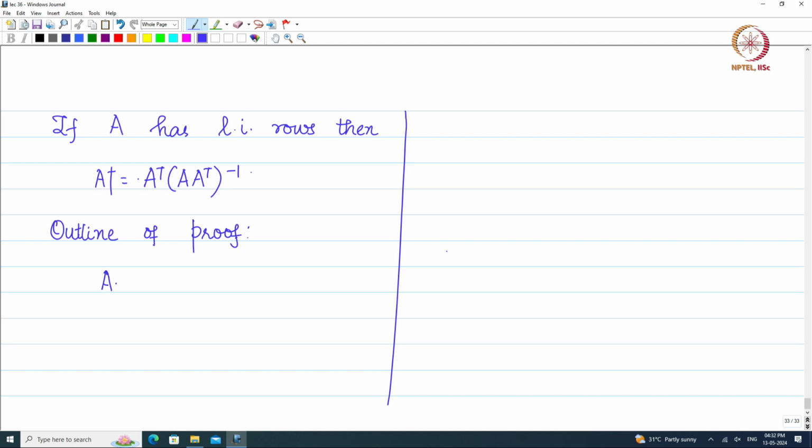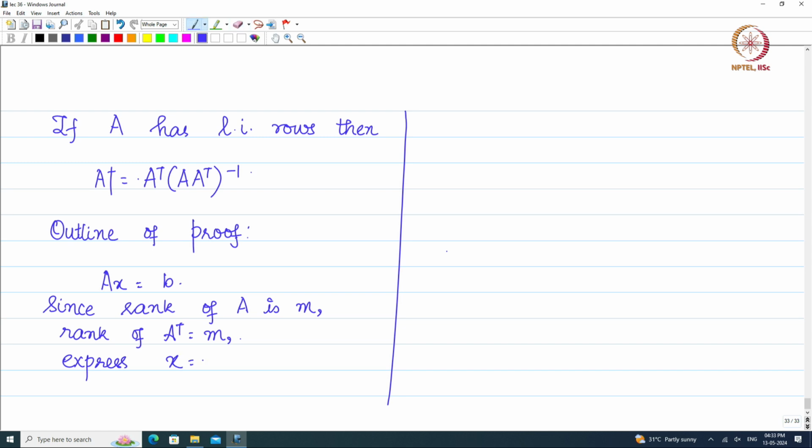We have Ax is equal to B. Now, since rank of A is M, rank of A transpose is also M, express X is equal to, let us say, A transpose Y. So, what we have?